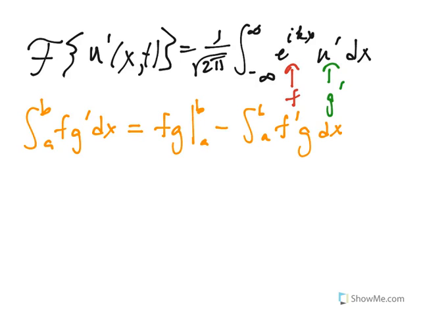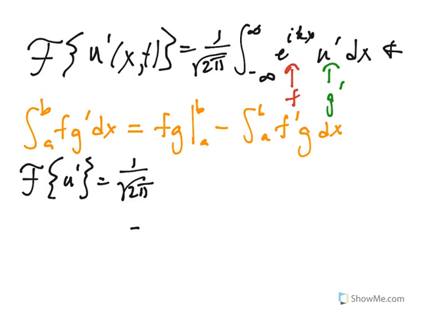So let's use that definition in our integral here. Rewriting it, the Fourier transform of u prime is equal to, the first term is 1 over root 2 pi, and now we have to write down f and g evaluated at the limits. So f is just e to the ikx, and since we have g prime as u prime, g is just u.